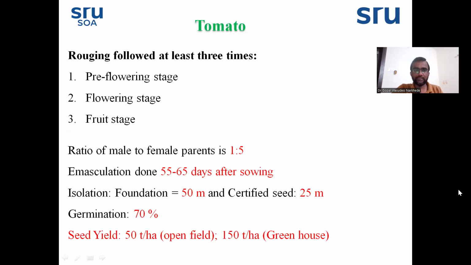So isolation distance for foundation seed production is 50 meter, and for certified seed production is 25 meter. Germination percentage in tomato is 70%. Yield is in open field 50 ton per hectare, and in greenhouse or glass house 150 ton.